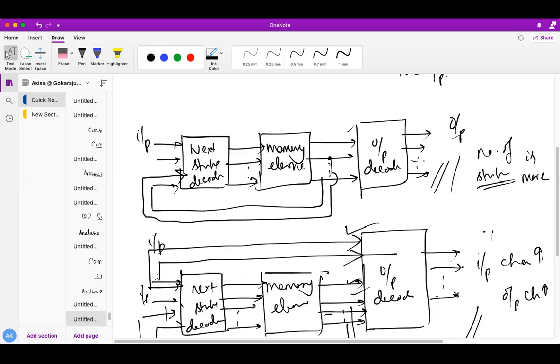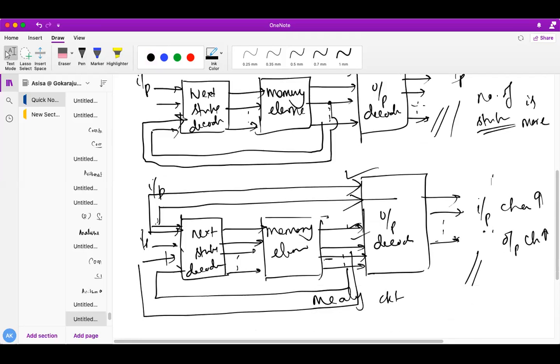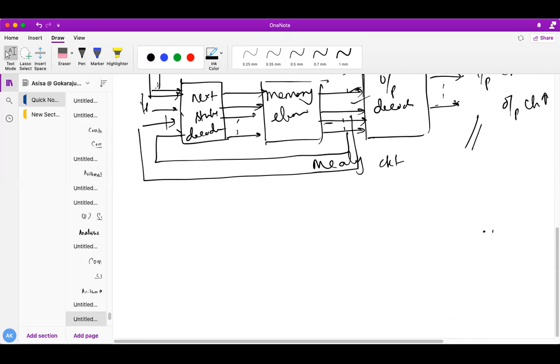We have also discussed how to design synchronous clocked sequential circuits. There are different steps we have discussed. Step one: from the given state diagram or from the given information, you first have to obtain the state table. We will see one example also today.